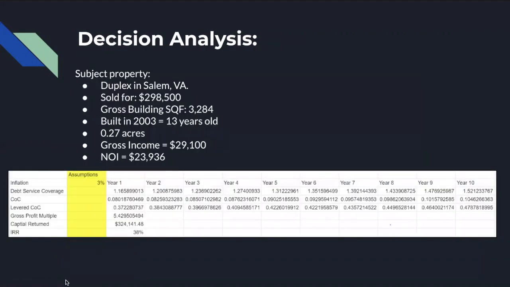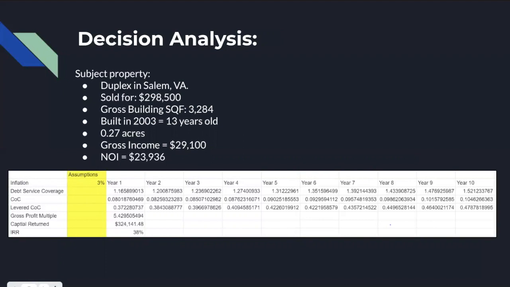So here is our subject property. We chose a duplex in Salem, Virginia, sold for just under $300,000 at a little over 3,000 gross building square foot. It's 13 years old on 0.27 acres with a gross income of $29,100 and an NOI of almost $24,000 a year.